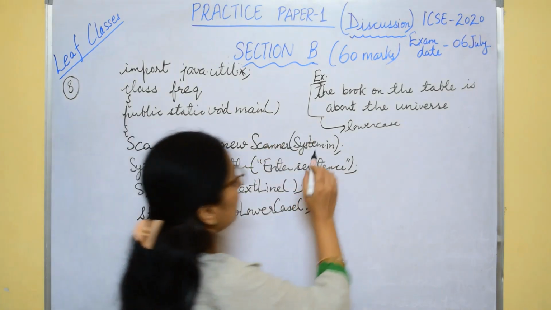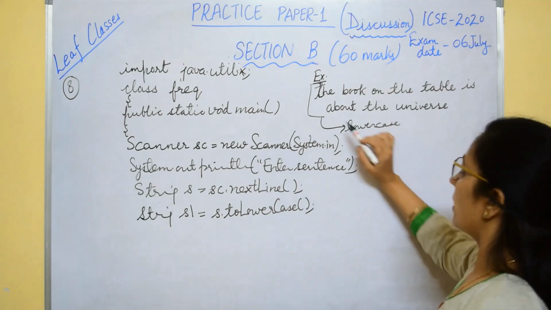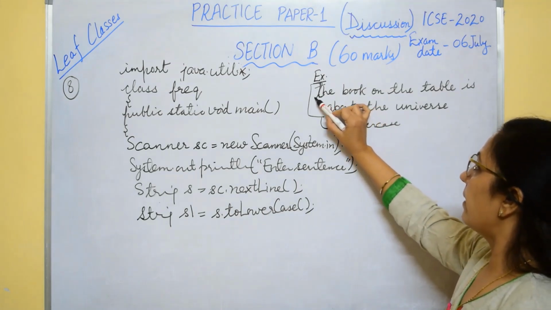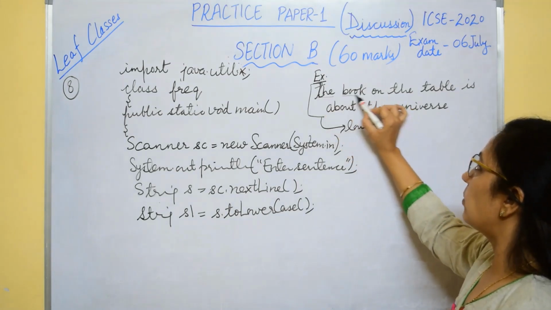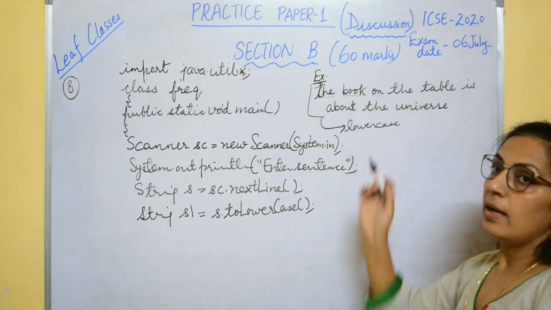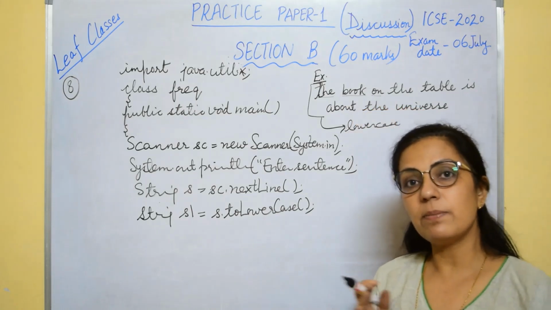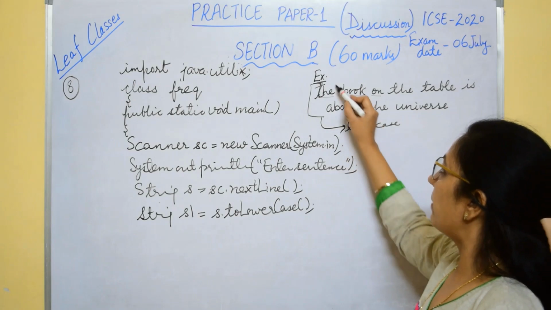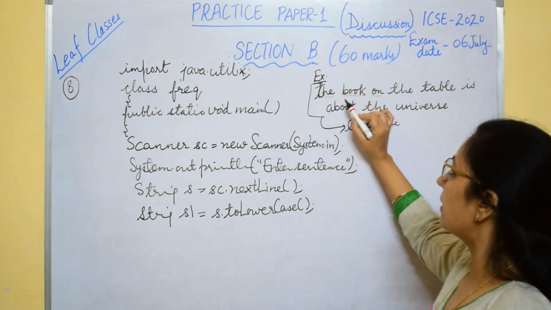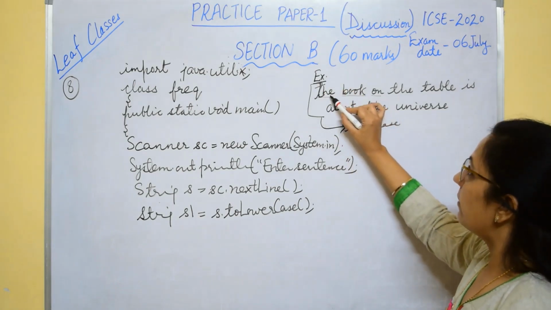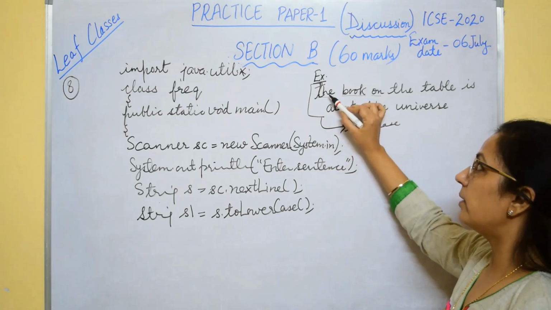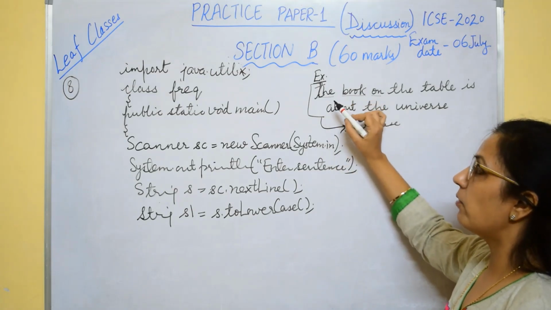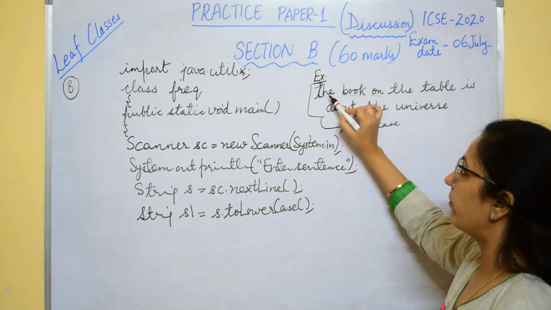So after converting it into lowercase, we will extract word by word, each word. Now space is the separator between two words, and one by one we are extracting the word, and then we'll compare each word with the word for which we want to find the frequency.